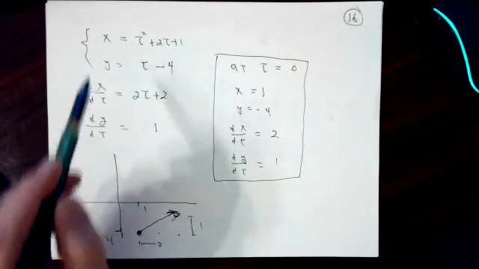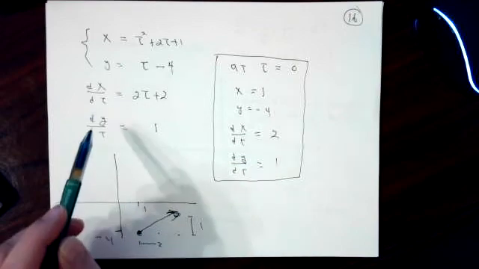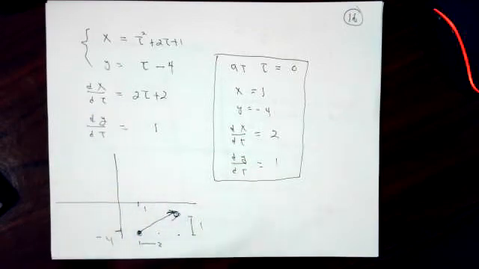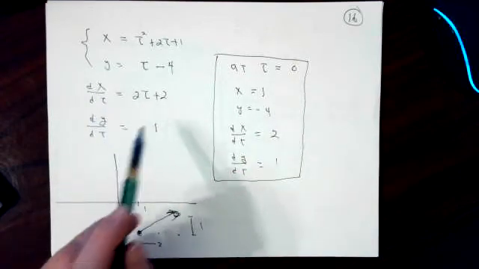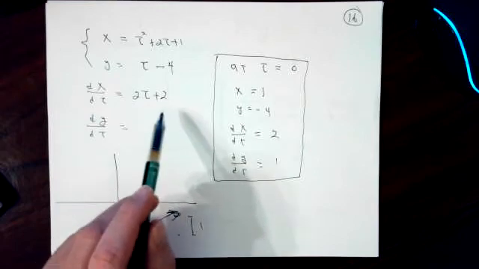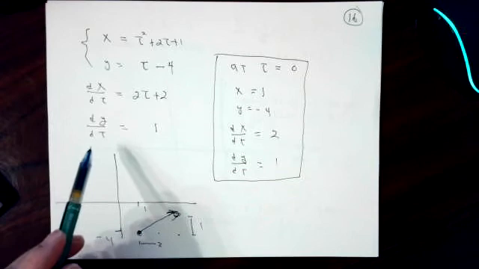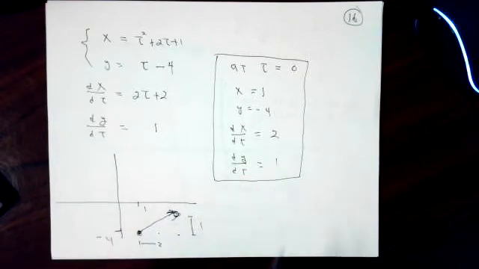The derivative of x with respect to t is 2t plus 2. The derivative of y with respect to t is the constant 1. So in particular, at t equals 0, dx/dt is 2 times 0 plus 2, which is 2. And regardless of what the value of t is, dy/dt is 1.